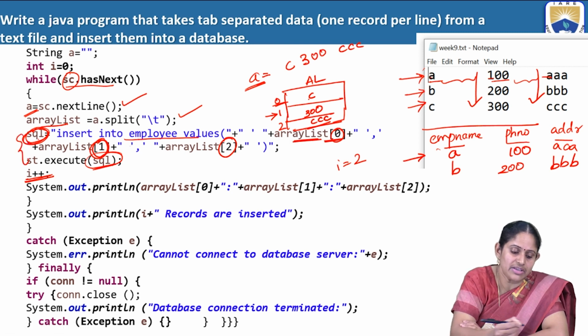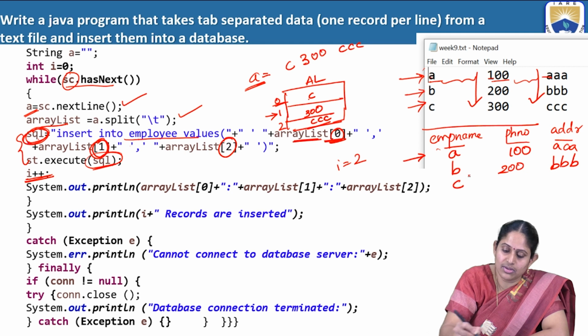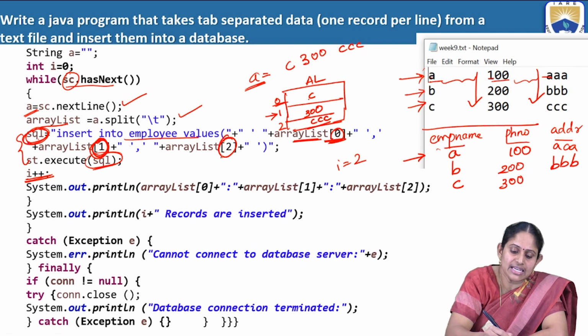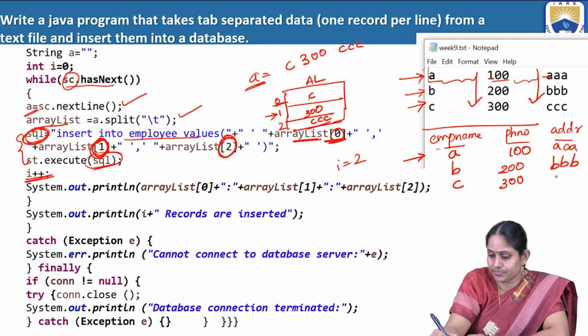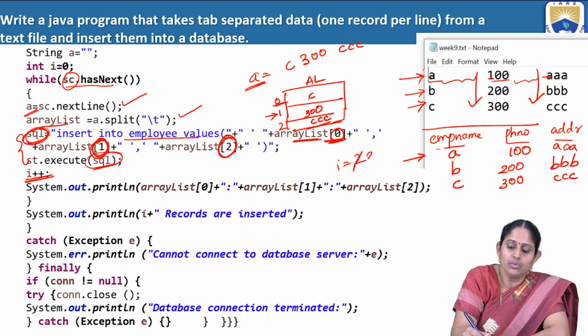Into array list 0 we will store C. To employee name we will store C, which is array list 0. Then the first indexed element will be stored into phone number, which is 300, and the second index element will be stored into address, which is CCC, and the I value will now become 3.